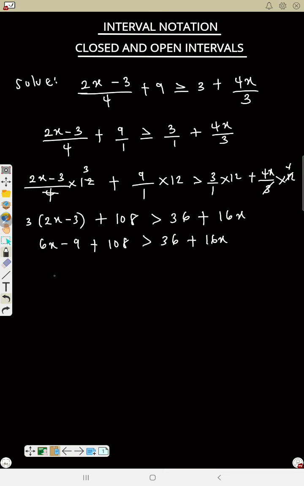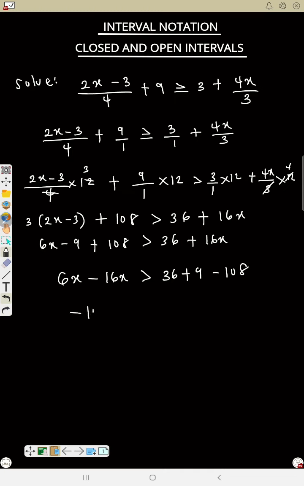Collect the like terms. This will be 6x minus 16x, meaning take this one to the other side, is greater than 36 plus 9 minus 108. So we are taking this also to the other side.